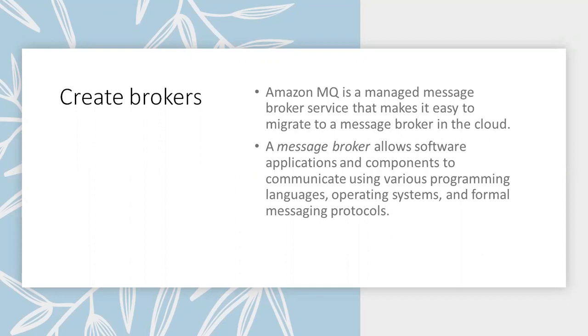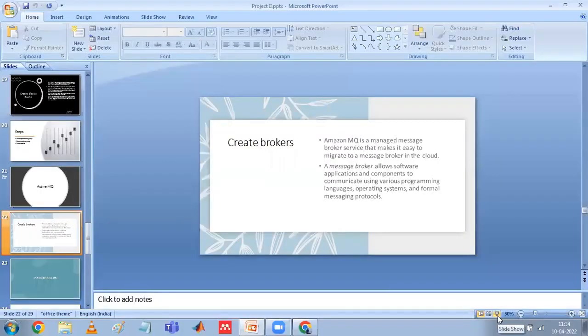A message broker allows software applications and components to communicate using various programming languages, operating systems, and formal messaging protocols. Therefore, Amazon MQ is a managed message broker service that makes it easy to migrate to a message broker in the cloud. So let's go and configure the basic broker settings.